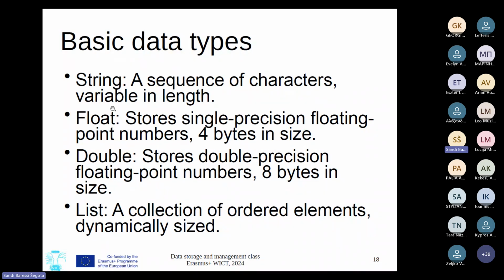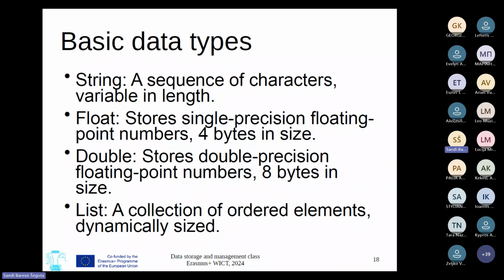And then we get to float. You remember from before, I talked about floating point representation, basically how floating point numbers or decimal numbers are stored. So we have float and double. That is essentially what I mentioned.